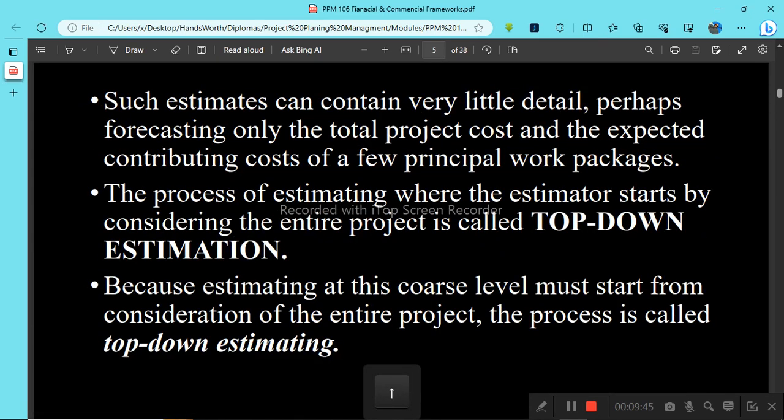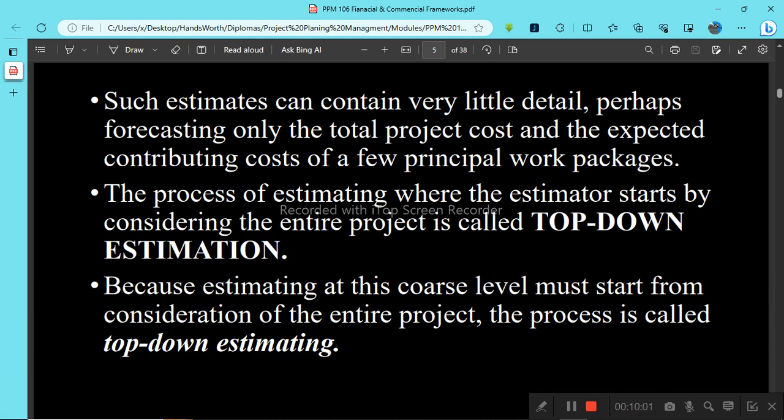Such estimates can contain very little detail, perhaps forecasting only the total project costs and the expected contributing costs of a few principal work packages.